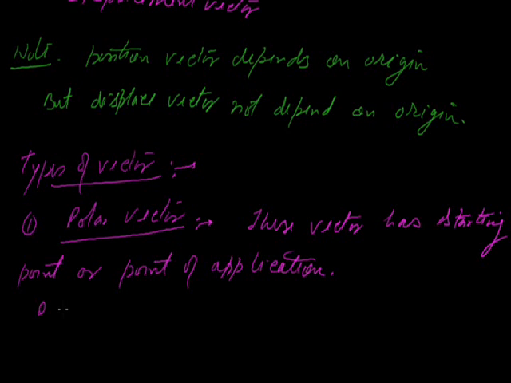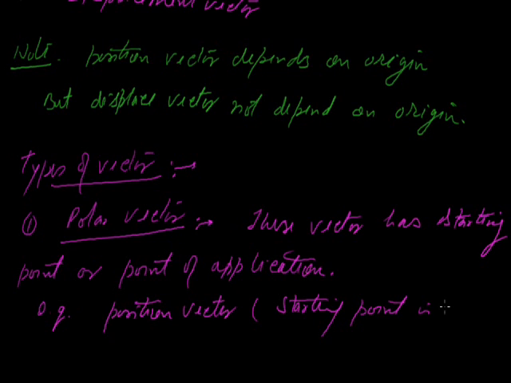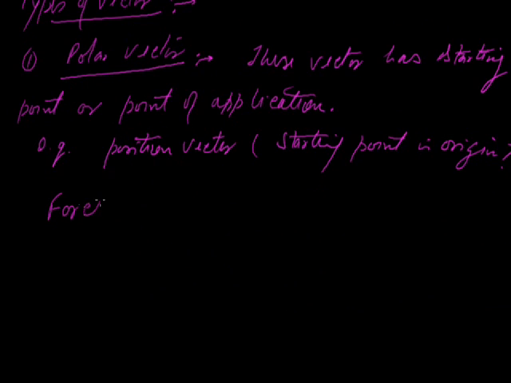For example, the position vector: the starting point is the origin. Force: this one is any object, and force F is applied at this point. This point is known as the point of application.